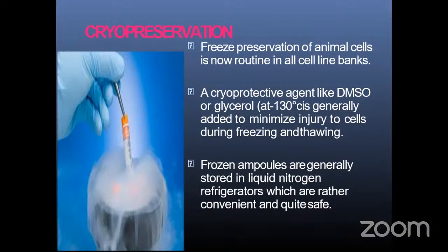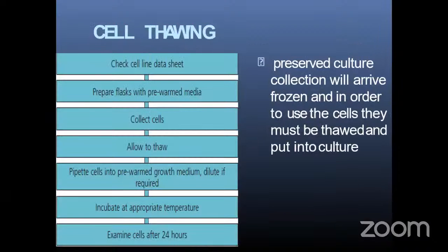It won't mix with the media, it will form a layer above it, and you seal it with paraffin. These ampules are kept in small pockets in cans with liquid nitrogen, stored at minus 196 degrees centigrade. You can store them for many years. This is called cryopreservation.